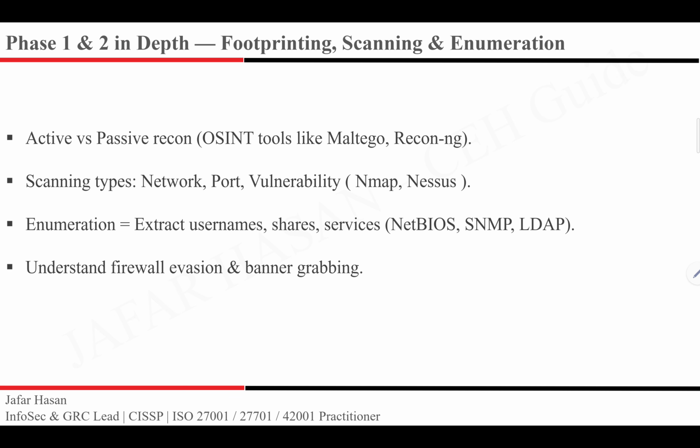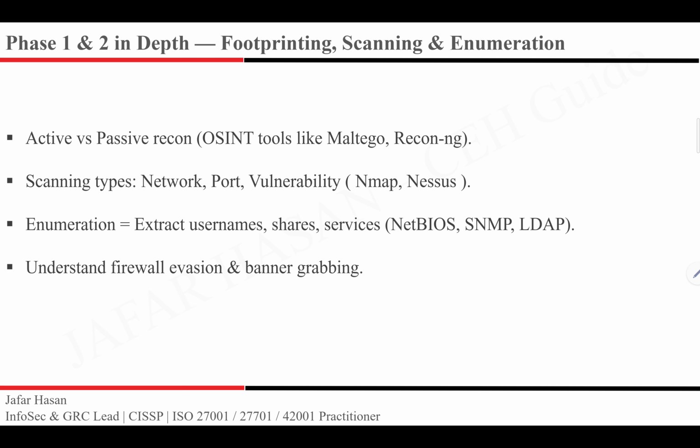Enumeration is the follow-on step once we complete the scanning. In enumeration, we go one level deeper, finding the usernames, running services, and network shares. This is the stage where you go from what is there to who is there.